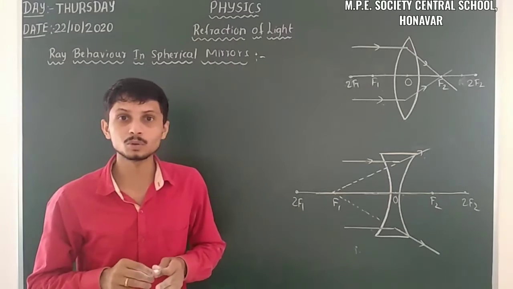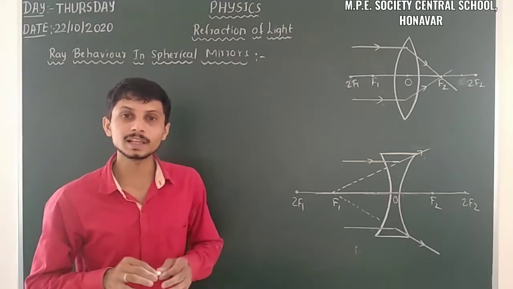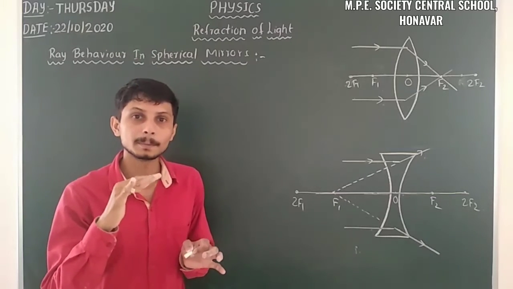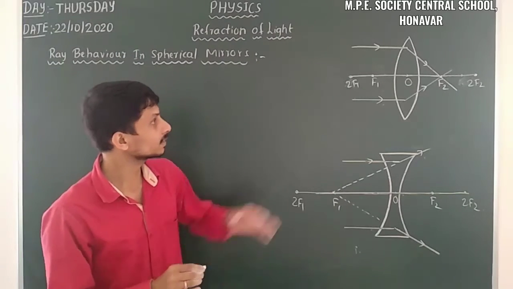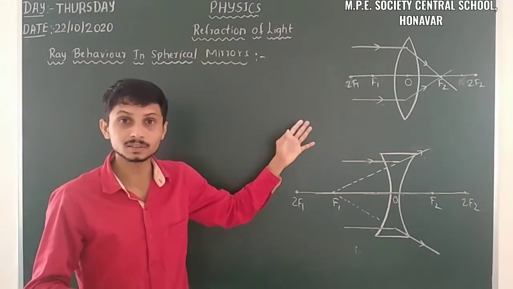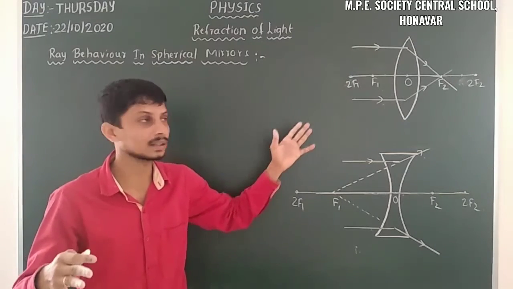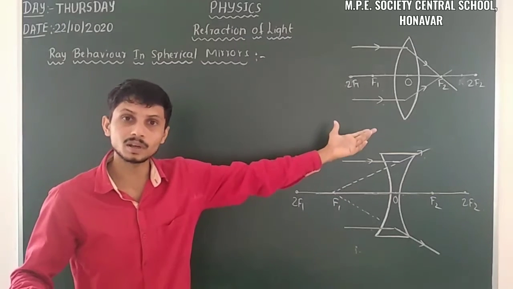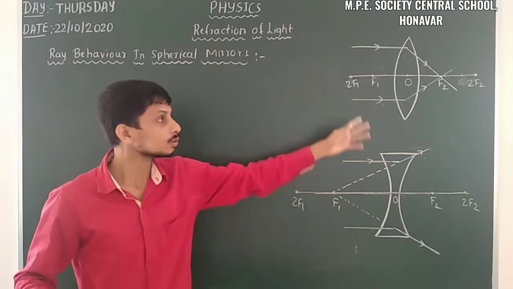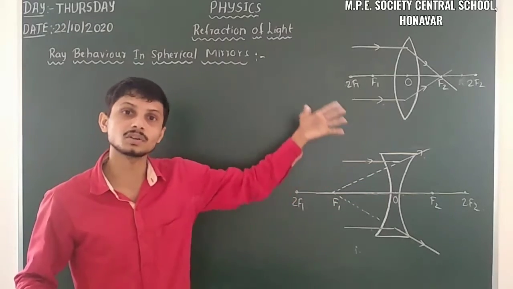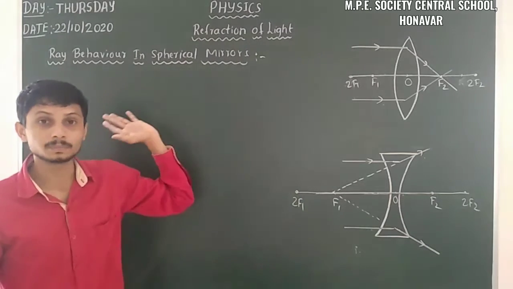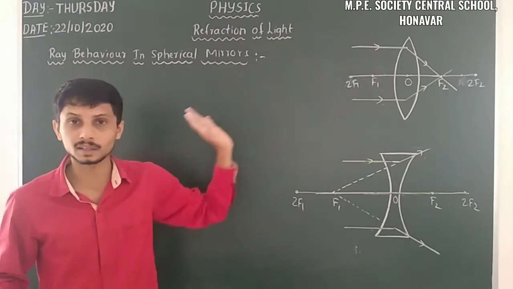Firstly, I will take when a ray passes parallel to the principal axis. You have to draw the diagrams again and again. When you describe the lenses, you write the lens, and then when you describe the ray behavior, you write again here.